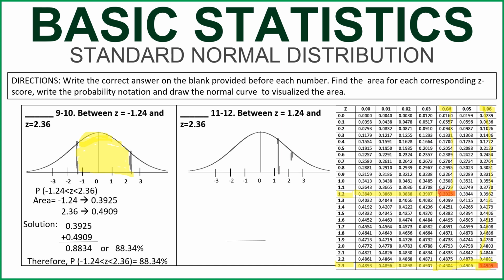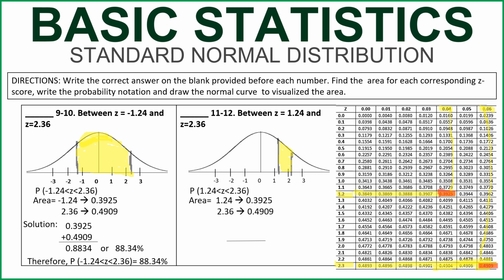Just write the values of 1.24 and 2.36 below, so that I know that that is 2.36 and 1.24. And then after that, we find the area on the z table, which we did already.